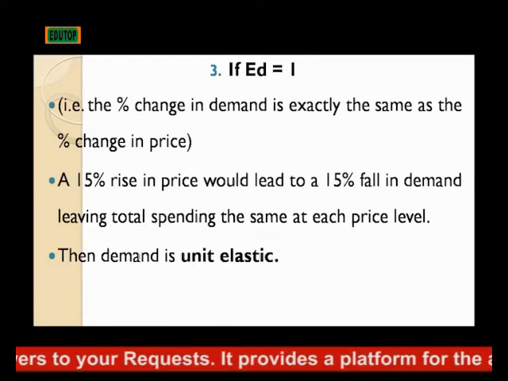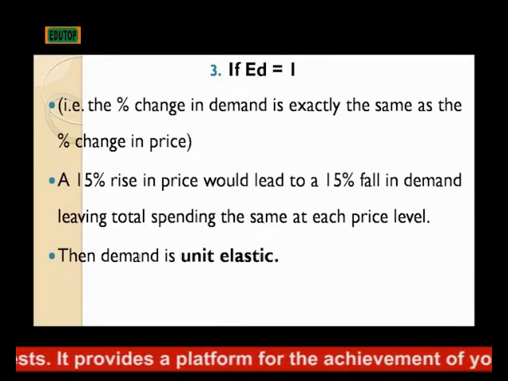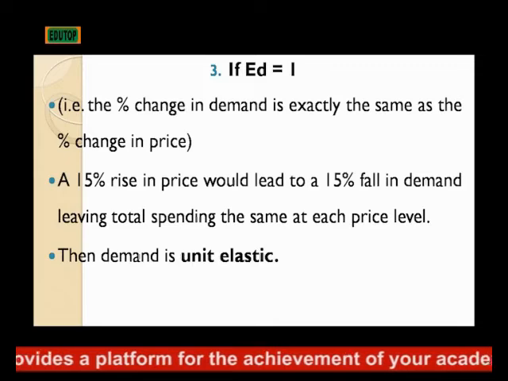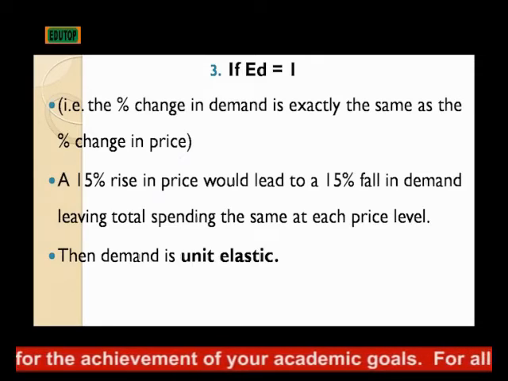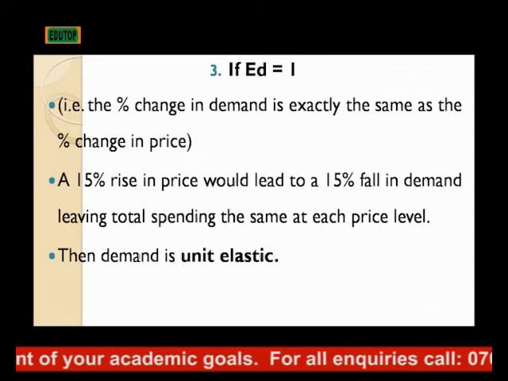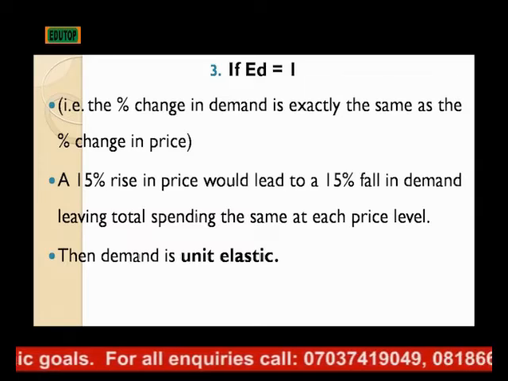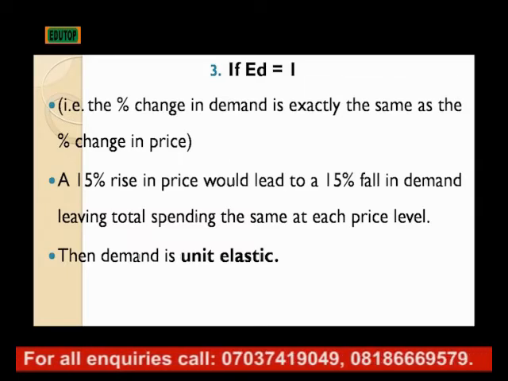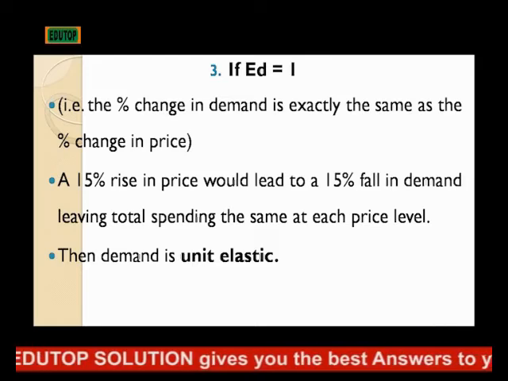For example, the price increases by 15%, then the quantity demanded also reduces by the same amount. In that case, where the increase in price leads to the same reduction in quantity demanded, we say the demand is unit elastic, because the answer we always get for such a situation is 1.